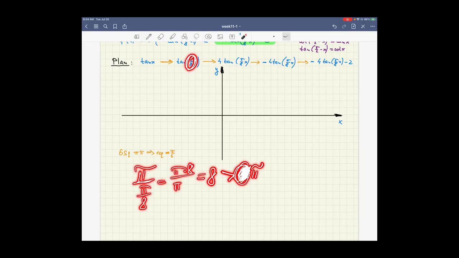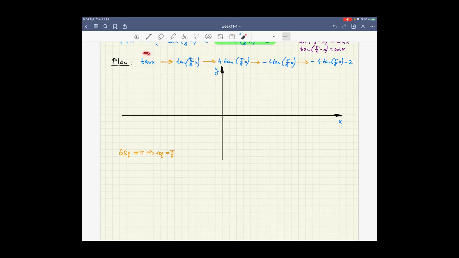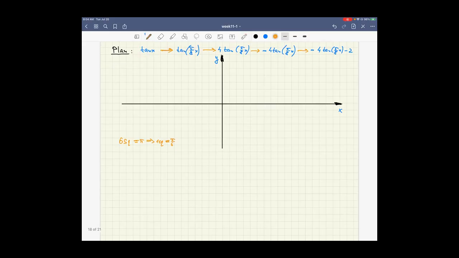So let's think. Asymptotes of this graph, tangent x, are, for instance, at negative pi over 2 and pi over 2. And that's usually in our scale 3 squares.